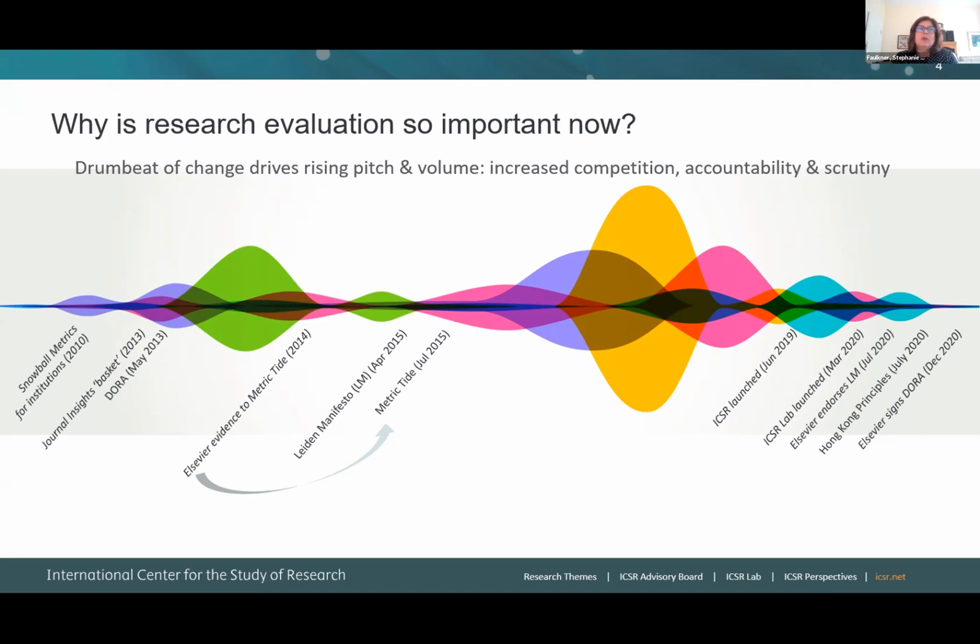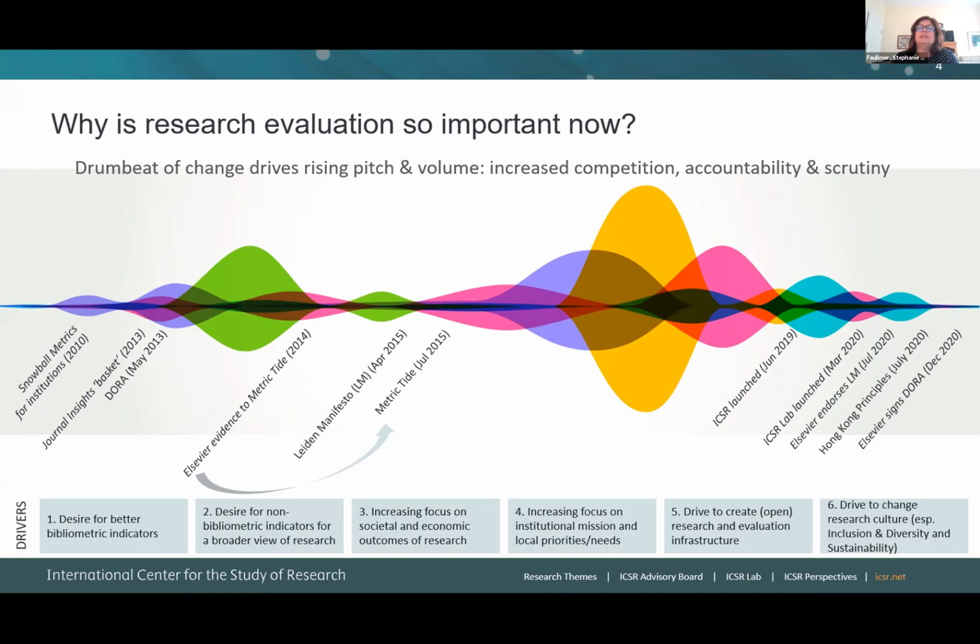And finally, I want to talk a little bit about the drivers that you're going to see at the bottom of the screen in more detail. I hope this really resonates with you today. The drivers for all of these manifest statements and all of this change in research evaluation and assessment: the first driver came out of the desire for better bibliometric indicators.